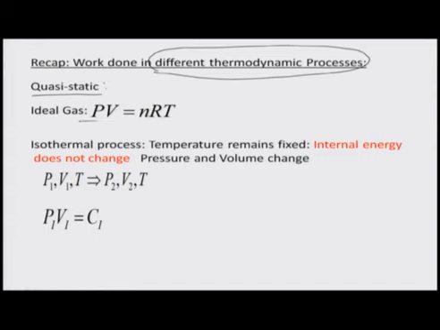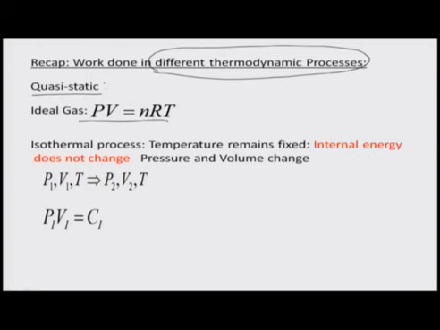So, I will be considering ideal gas. For every instant of time, I can write PV is equal to nRT if I consider n moles of ideal gas. If not otherwise mentioned, I will be considering monoatomic ideal gas. Okay?